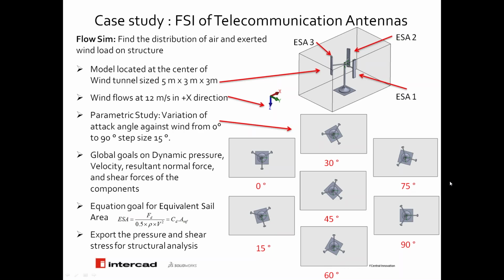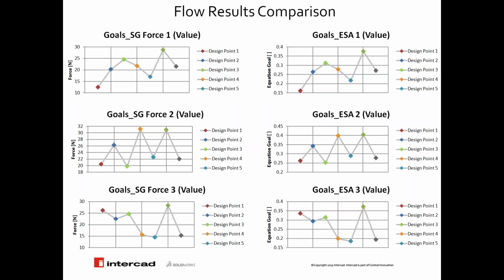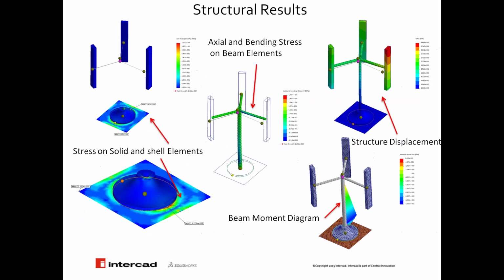Well, what we have experienced from this point, we went through the different flow results and we learned about how we can compare a cut plot or a goal in our flow results, make sure everything is fine there, and then export and exchange the result and simply recall it and look at the structural stress, beam stress, displacement values, or beam moment diagram.